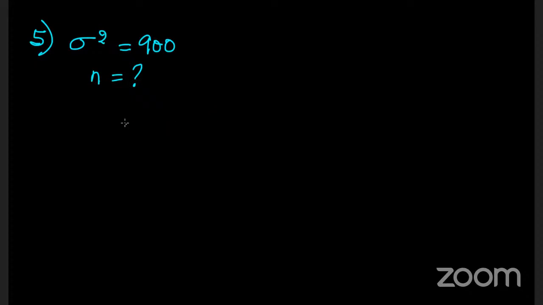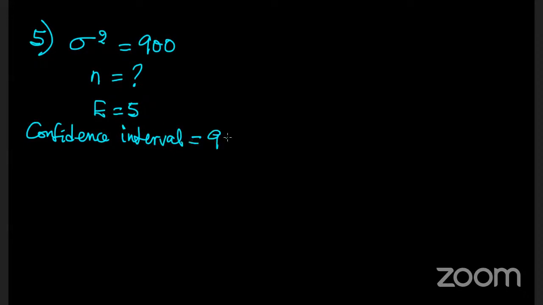So we have n. And what is the 5? Okay, so these are estimates. So estimate 5 points. And what's the confidence interval? Confidence interval is equal to 99%.